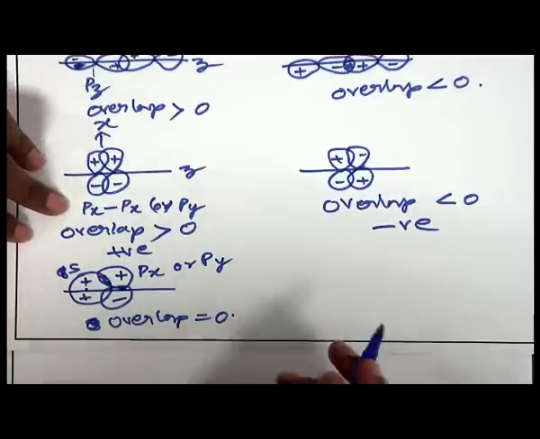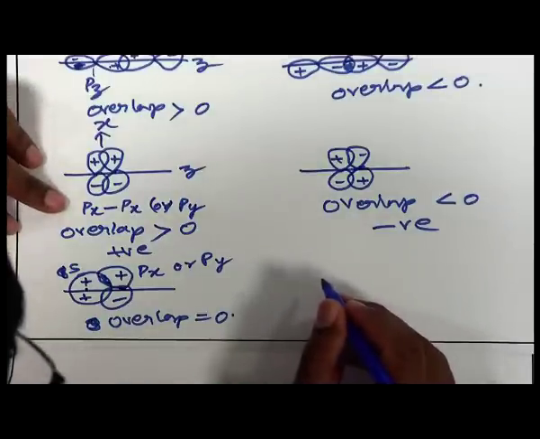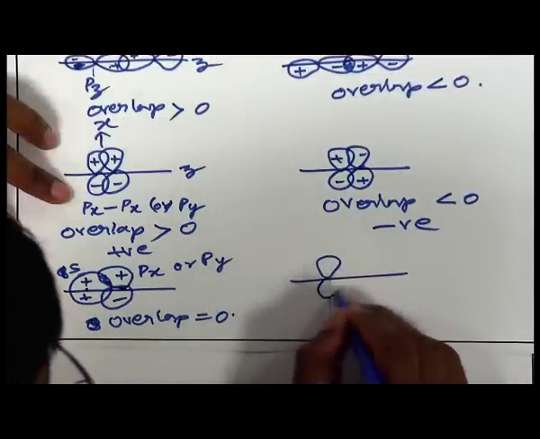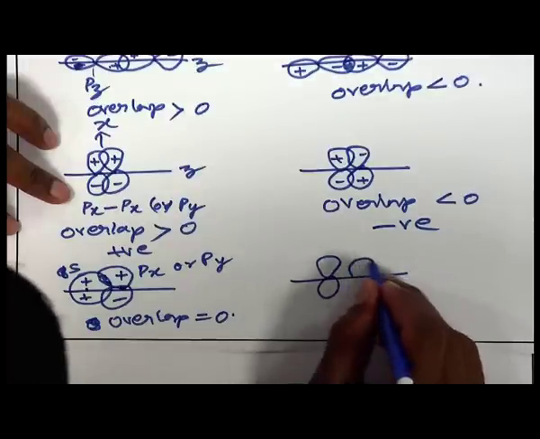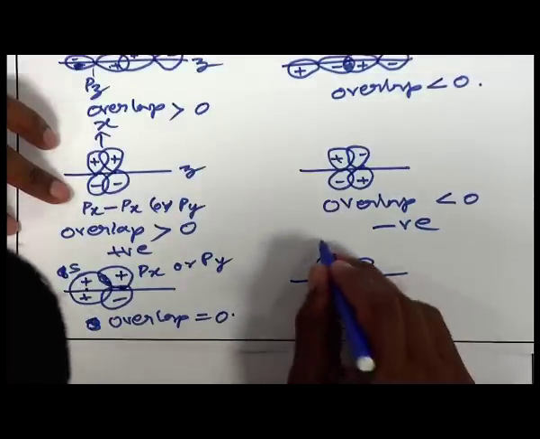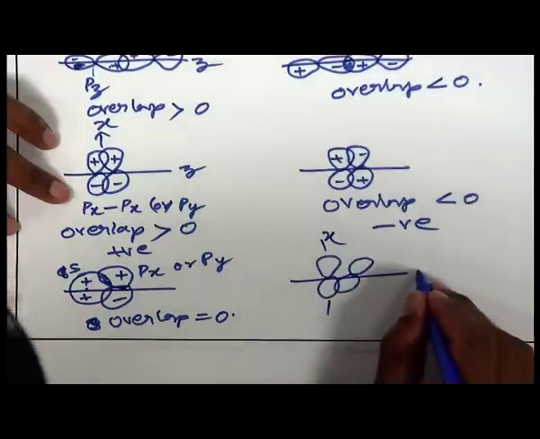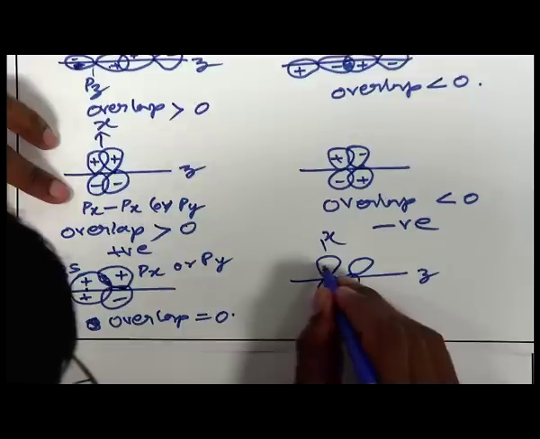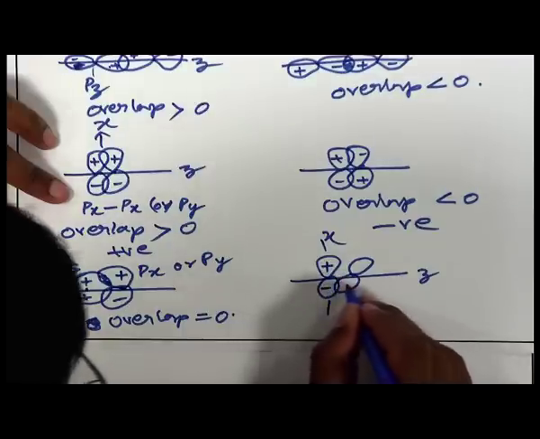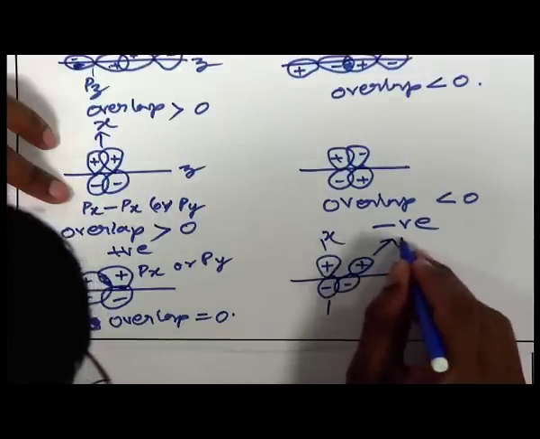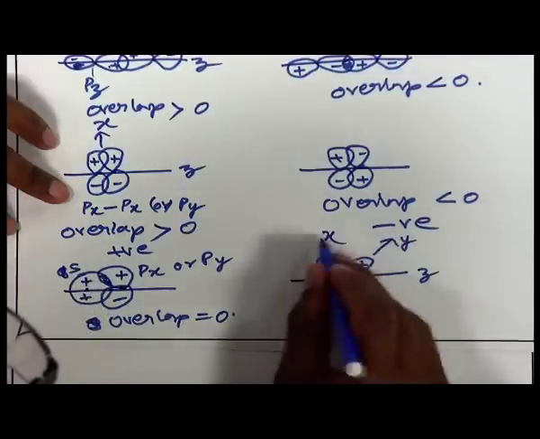Then you can also have another situation. This is the x axis, this is the z axis. This orbital is, for example, positive, negative, negative, positive. This one is the y axis. So, z axis, y axis, x axis.